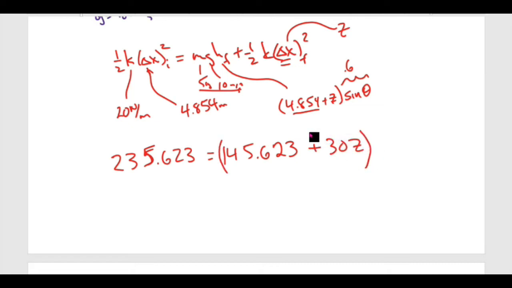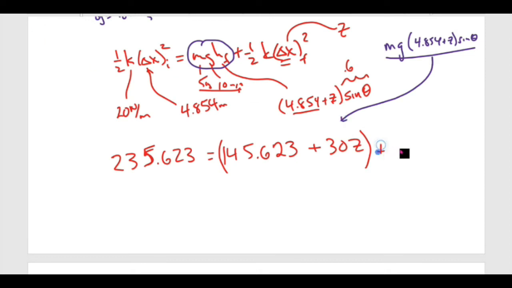That is my gravitational potential energy. Looking at that again, that's mgHf. So we basically had mg times the hypotenuse of that triangle there, the 4.854 plus z, times the sine of theta to get the vertical height. And to multiply all that out, you get this, plus 10z squared. And again, we're trying to find z here.